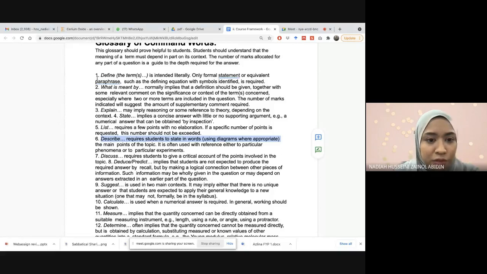Okay, so what we have covered so far: define, list, explain, describe. What is meant by, ni tak ada. And then discuss, our test does not cover this one, tak ada discuss. And then suggest, yes, suggest boleh. Suggest contohnya, how do you improve, what is required to increase the thermal efficiency of a heat engine?